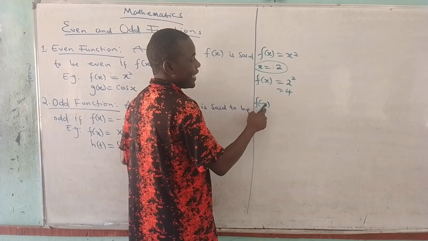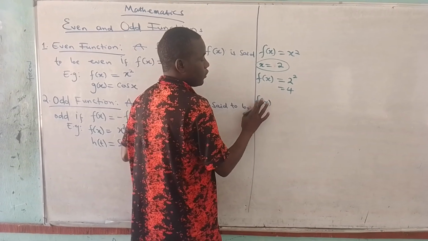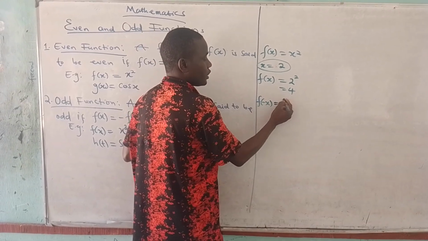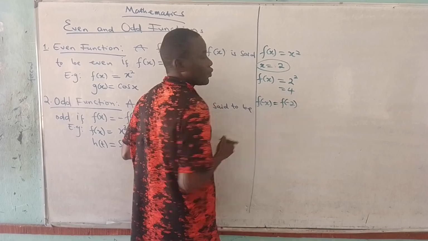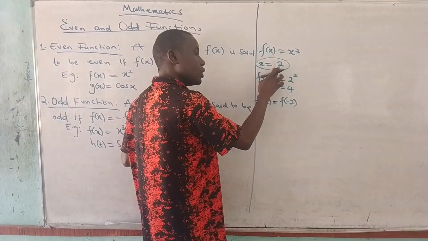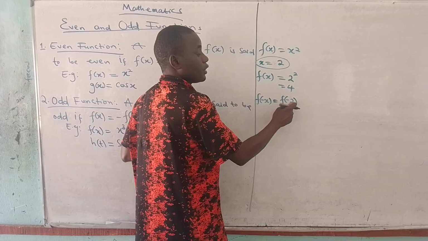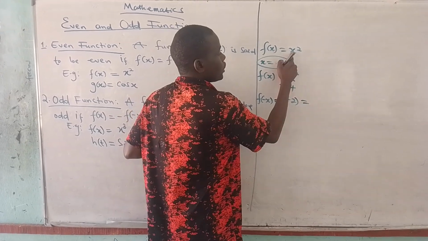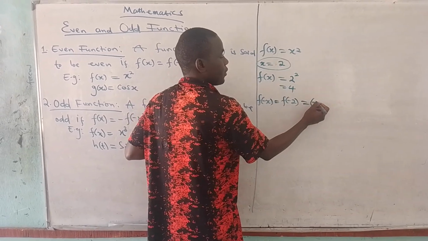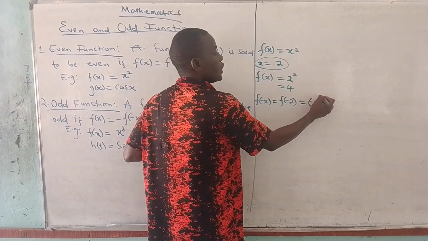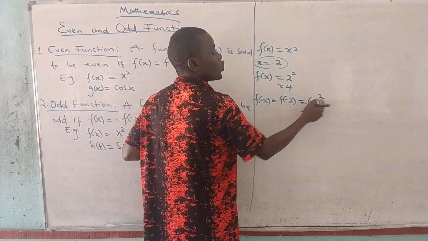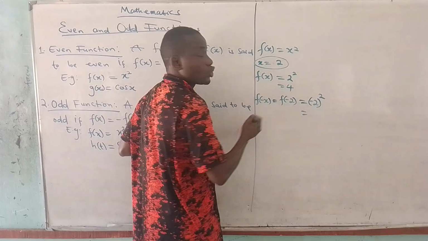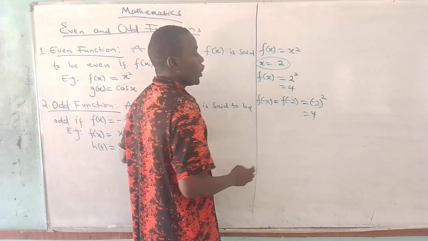So let us find f of minus x. F of minus x is f of minus 2, because x is 2. Minus 2 square is minus 2 times minus 2, which is still 4.